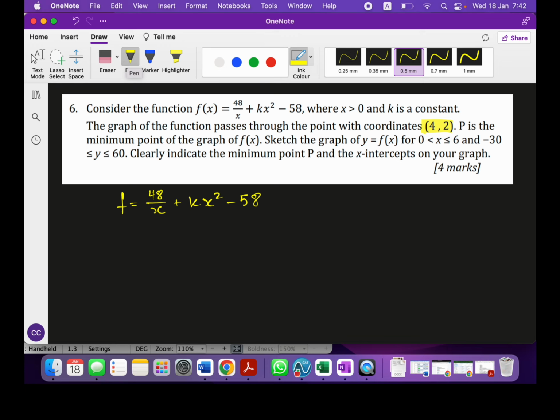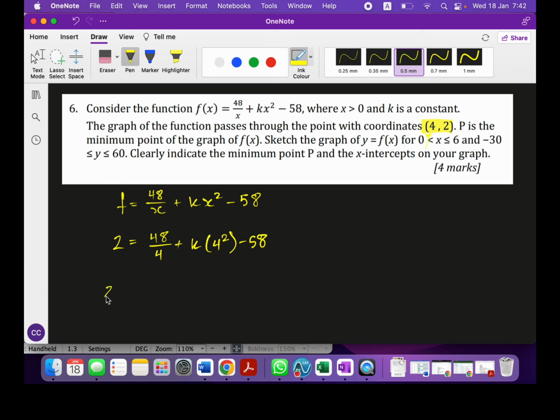If I substitute that back into the formula, 2 is the same as 48 divided by 4 plus k times 4 squared minus 58, then we will have our solution.